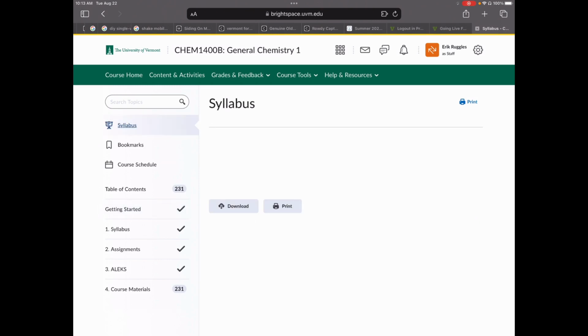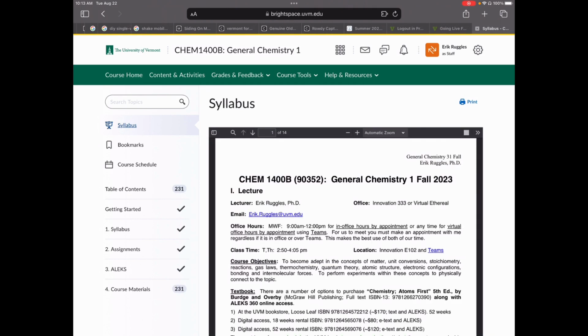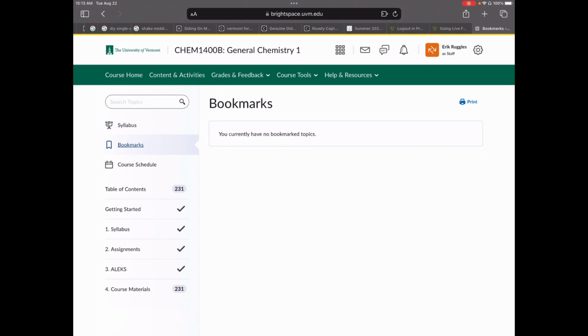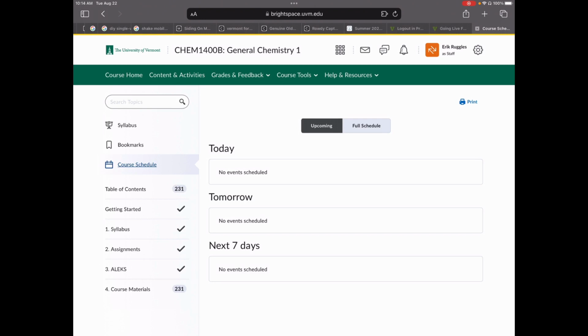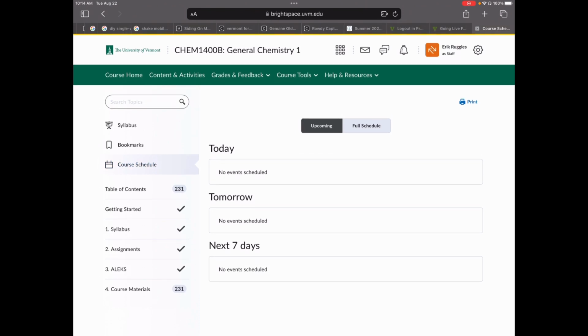We have the syllabus link at the top that directly takes you to the full syllabus, which I've already put a video together for within the syllabus module. There are also bookmarks that you can make, and then the course schedule, telling us what's coming up in the present to the near future. I'm not too worried about those top three links. It's the bottom ones that I'm more interested in describing, because these are the ones that I've created.